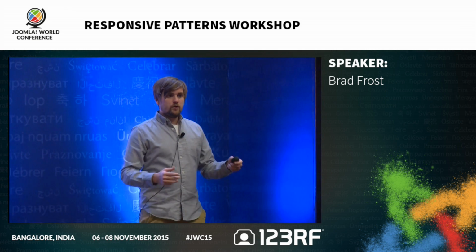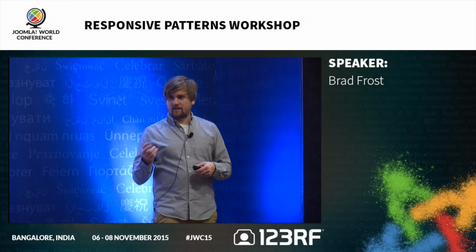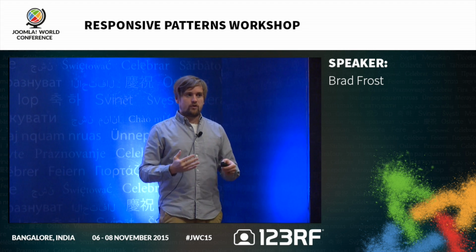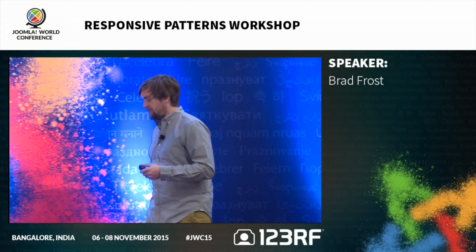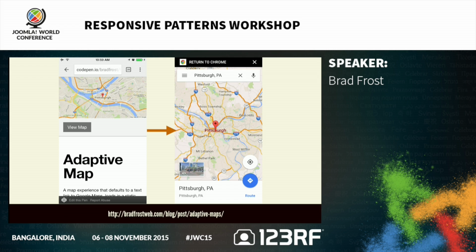So what we can do is use that same conditional loading technique we talked about earlier to create a much better user experience. By default, instead of embedding an iframe, we can just have a button that says View Map, and that would link to, say, Google Maps, right?